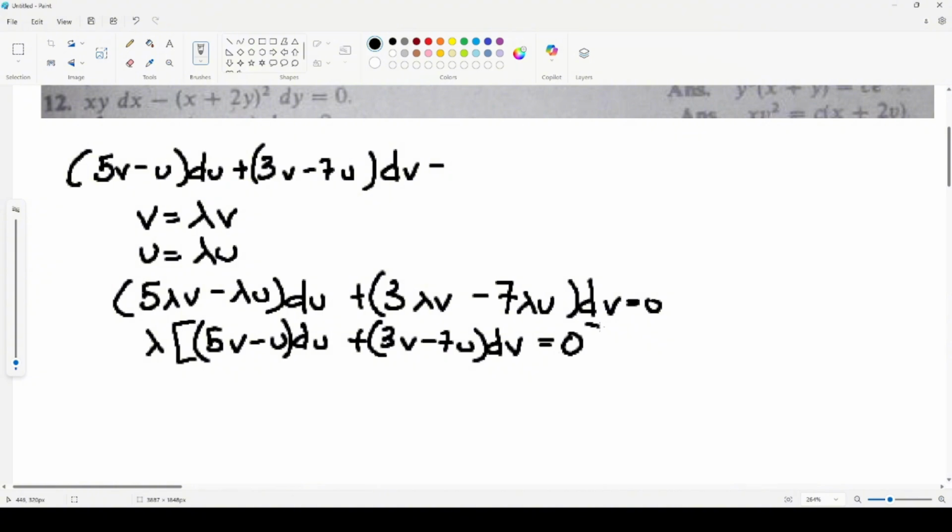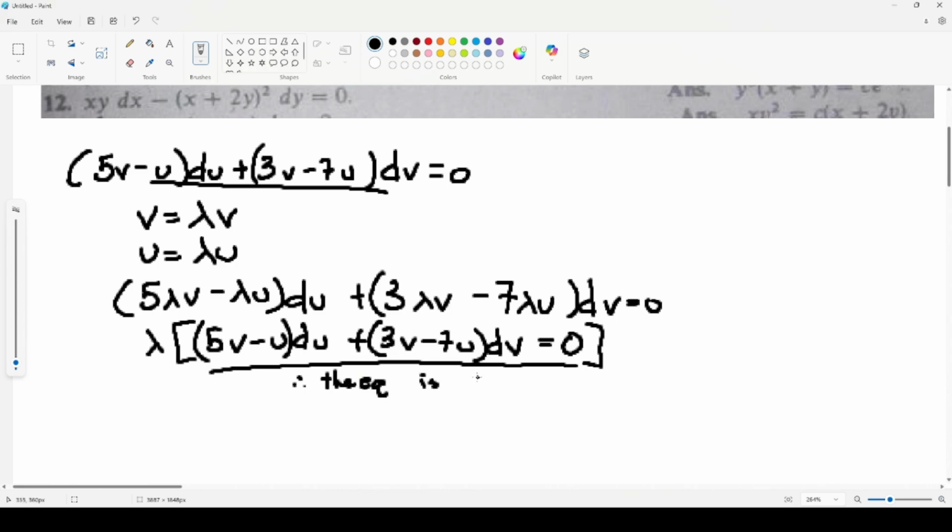If you can take out the lambda and it's the same equation, then you conclude that the equation is homogeneous, of a degree depending on the power of the lambda. In this case, it is degree 1. That is your test, and now you guarantee that it's a homogeneous equation.